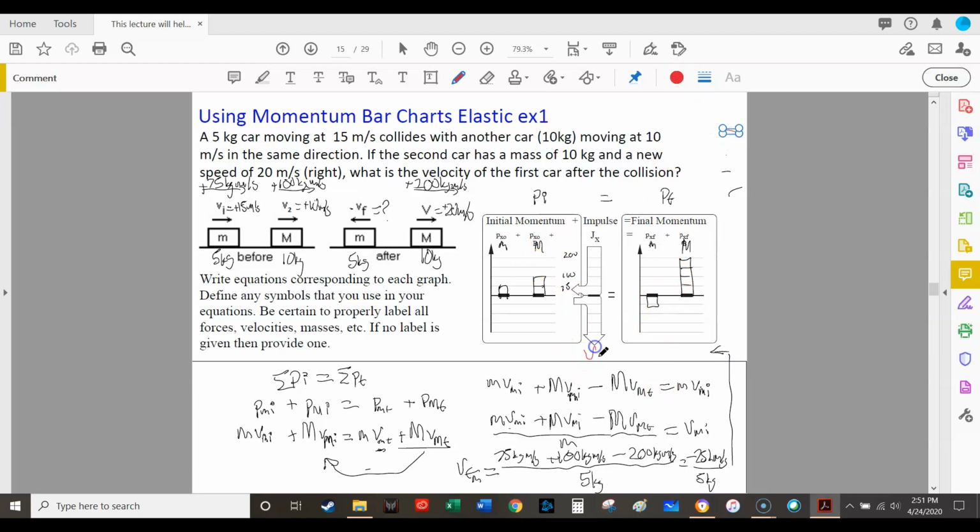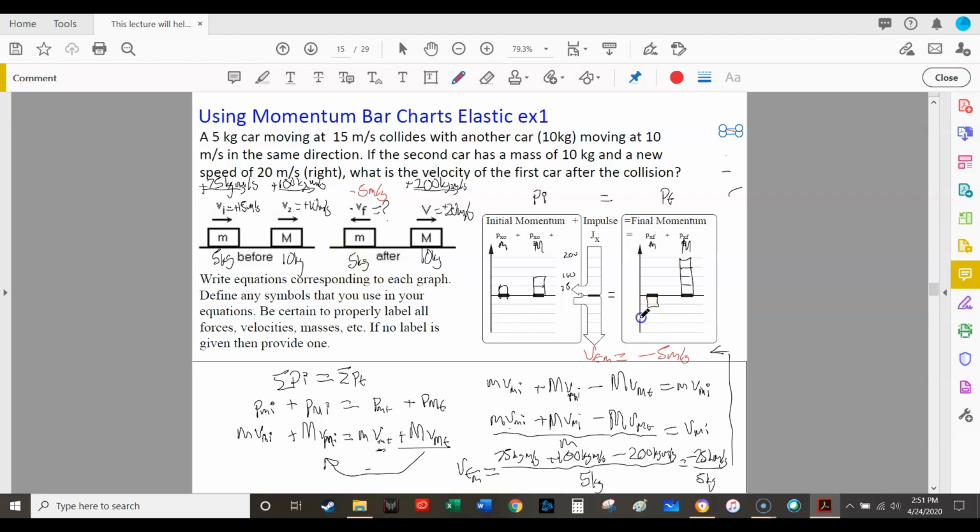So the final velocity of the small mass object is going to work out to be negative 5 meters per second, because negative 5 meters per second times 5 kilograms is going to be negative 25.